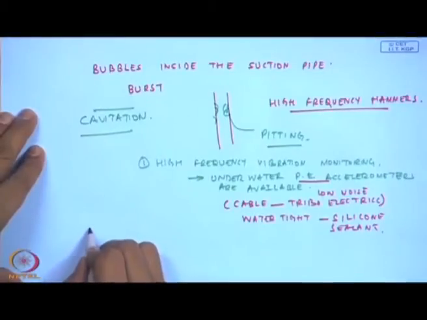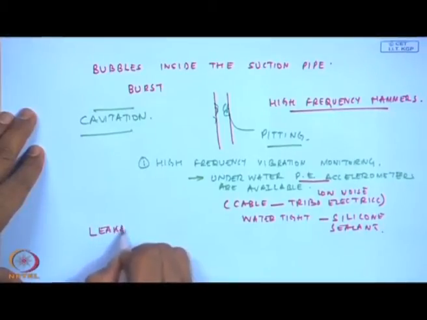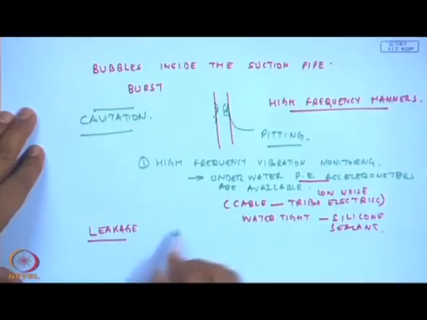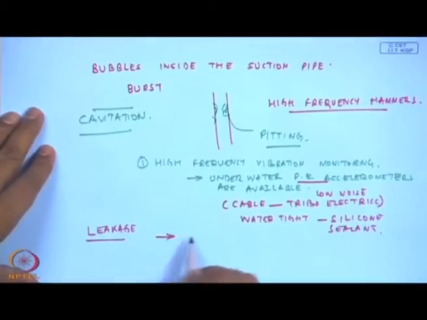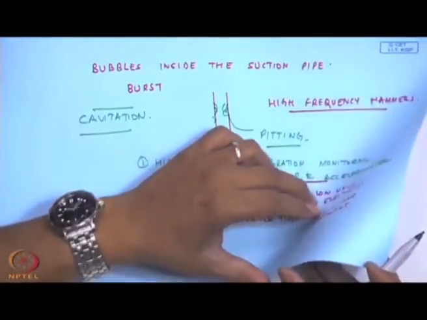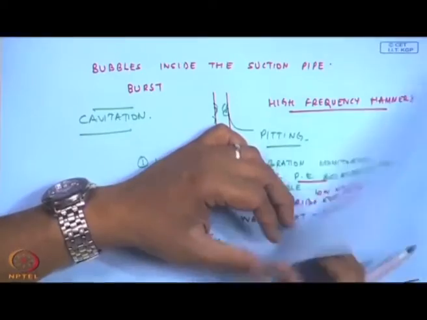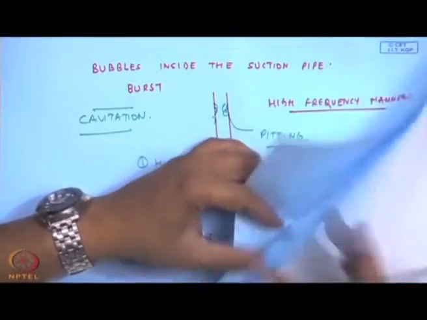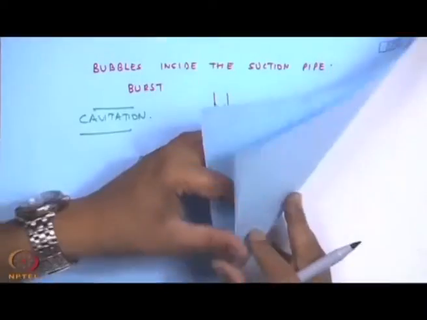Another important aspect is the leakage. So, leakage has to be provided with seals, good seals. I think I need more papers. Okay.